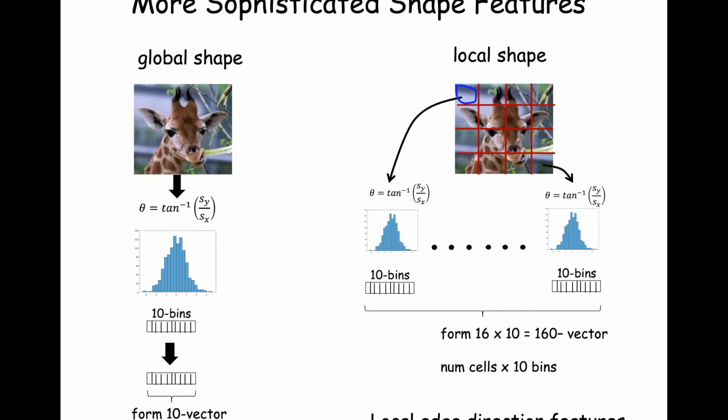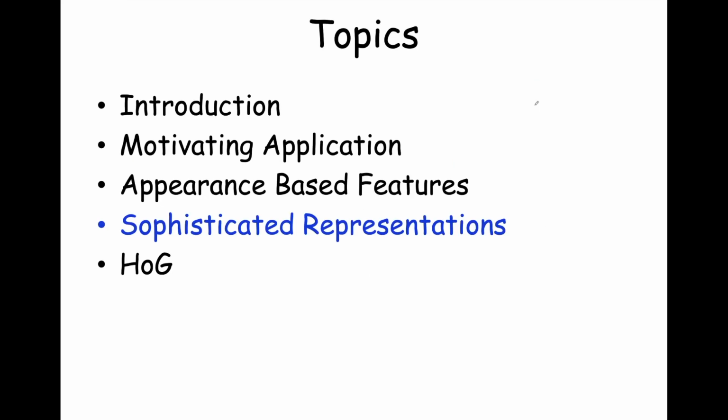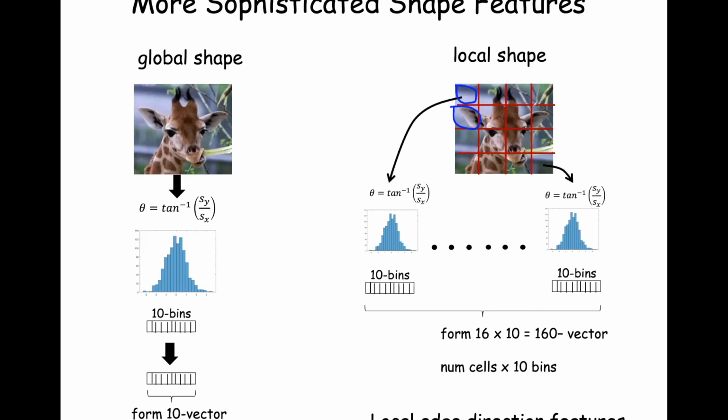If we look at this vector, it's literally capturing the fact, for example, that this cell, for the ear, is related to this cell on the other extreme, for the other ear. So we're not only capturing the edge orientation, we're capturing the description of edge orientations as distributions for local patches of the image.